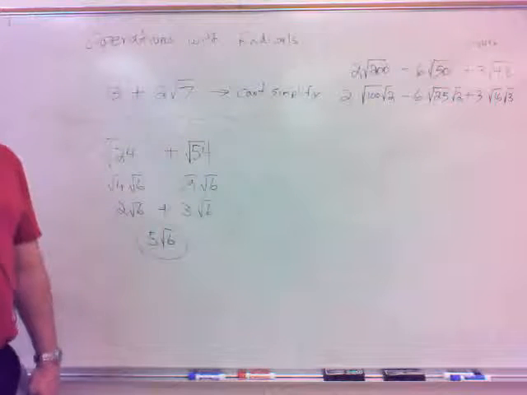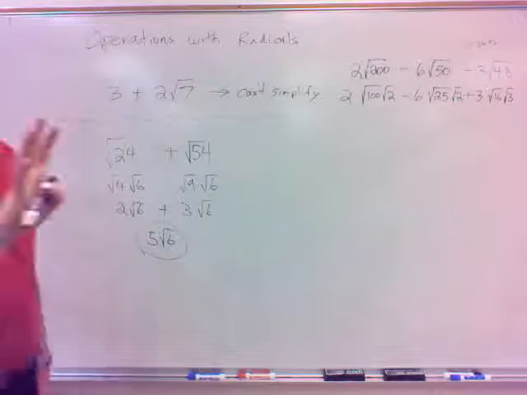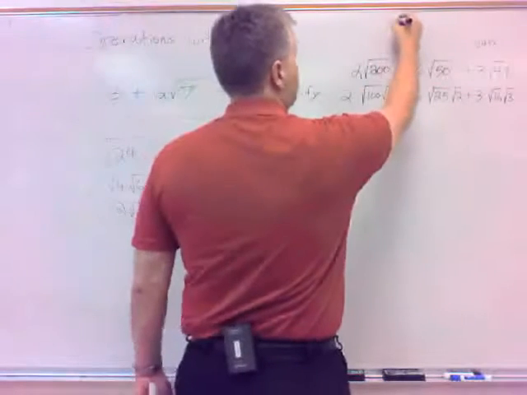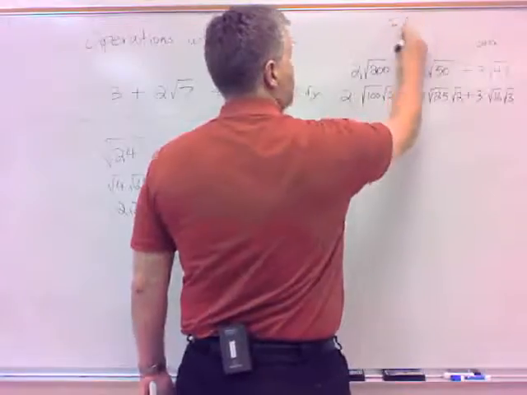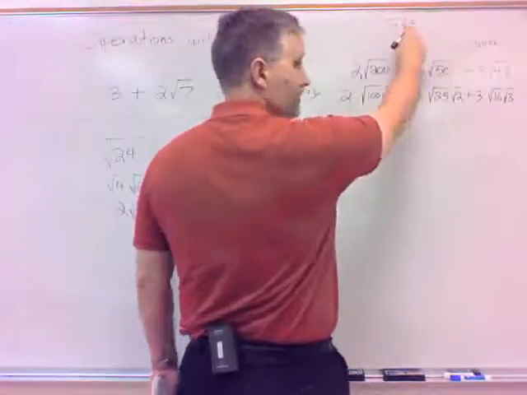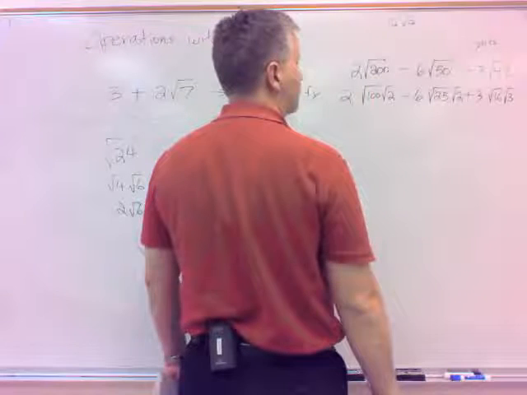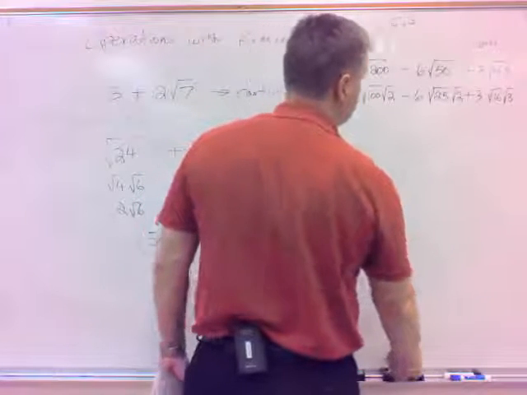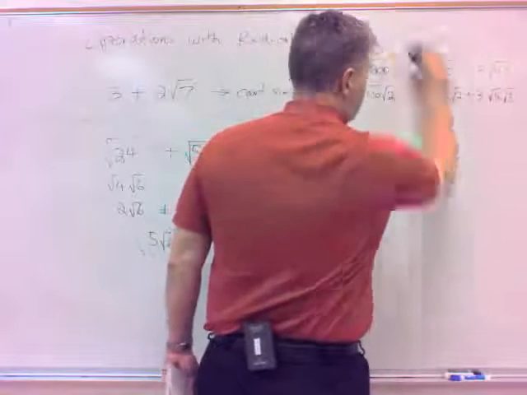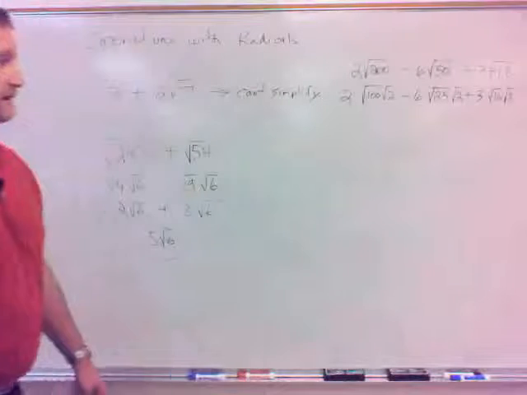Now you could do 4 and 12 for 48. But the thing is, you're going to have to break down the 12, which is fine. You can still go through that and do that. But take another step. Okay?